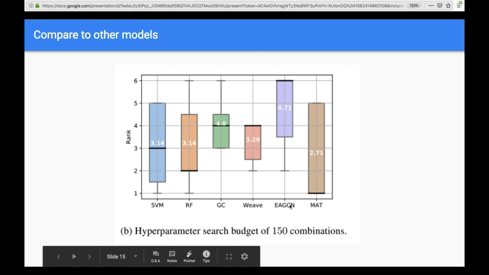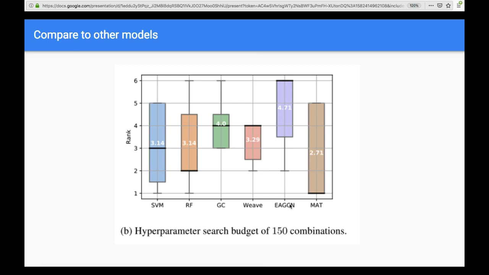And they found that if you only do a 150 hyperparameter combination search, basically you only search 150 different combinations of hyperparameters, which is considered not a lot now, their model, called MAT, molecule attention transformer, actually outperforms the rest of the models.